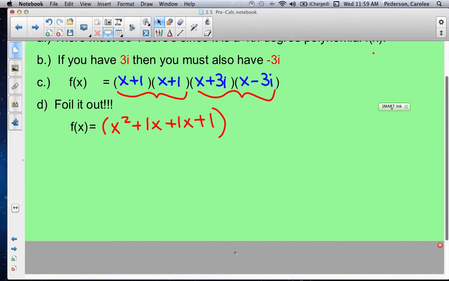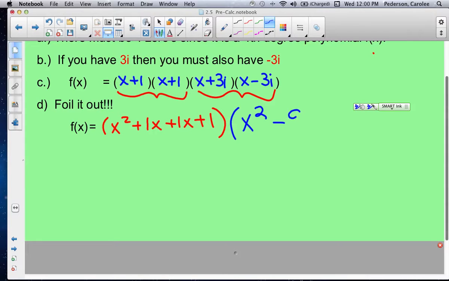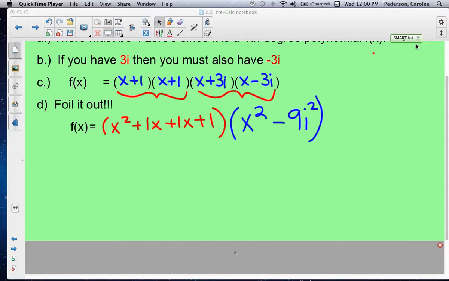When you multiply complex conjugates, what happens to the middle terms? They cancel out, so we save ourselves a little time. So I foil the x plus 3i and the x minus 3i. I only have to worry about the first and the last. The middle terms cancel out.